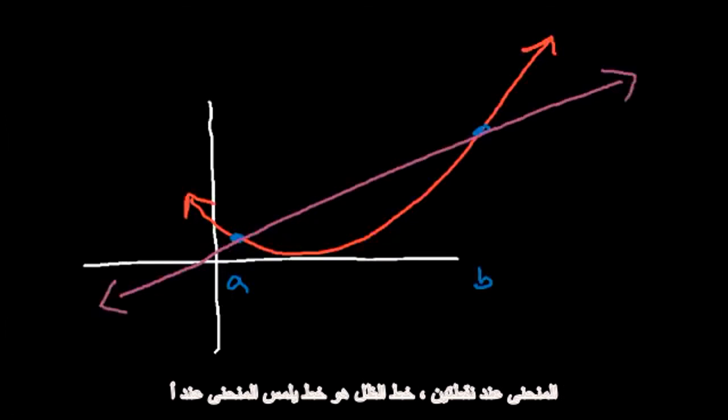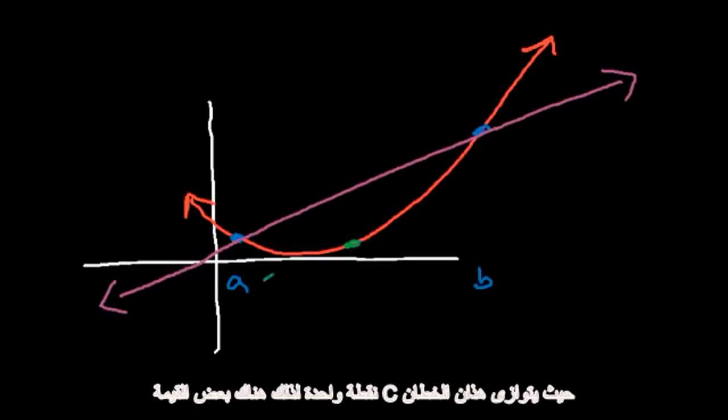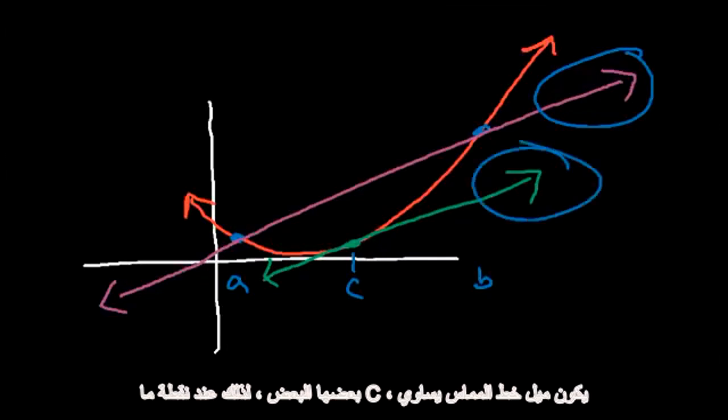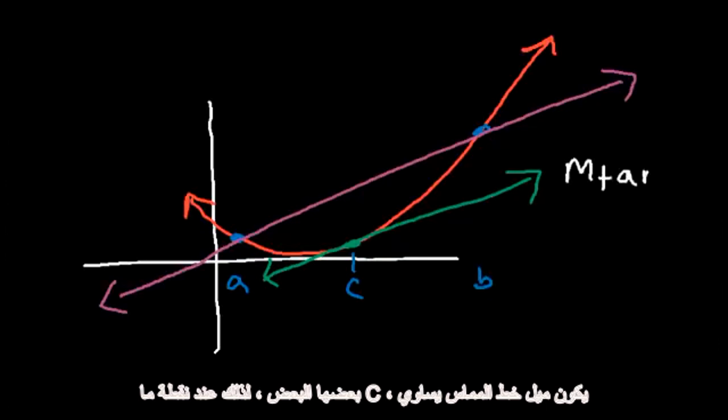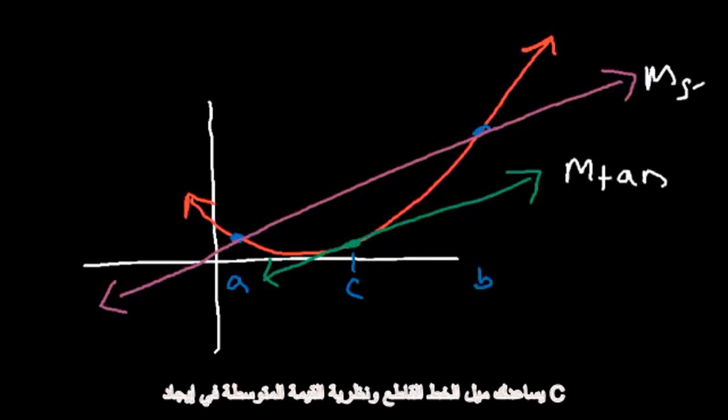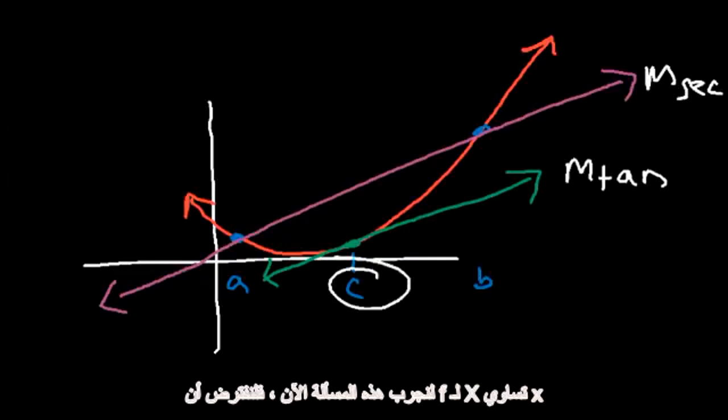The tangent line is a line that touches the curve at a single point. So there is some value c where these two lines are parallel to each other. So at some point c, the slope of the tangent line is equal to the slope of the secant line. And the mean value theorem helps you to find that c value.